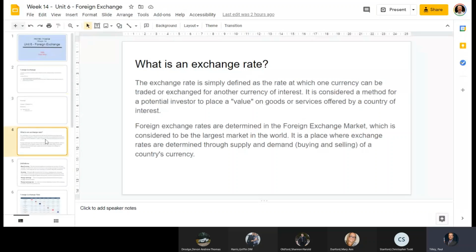So what we're really talking about here, the official name, is an exchange rate. The exchange rate is simply defined as the rate at which one currency can be traded for another. So it's how much it costs to buy an American dollar, or a Japanese yen, or a euro. It's considered a method for a potential investor to place a value on goods and services offered by a country of interest.